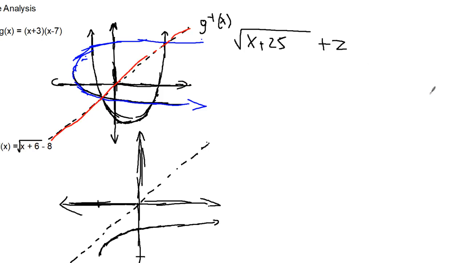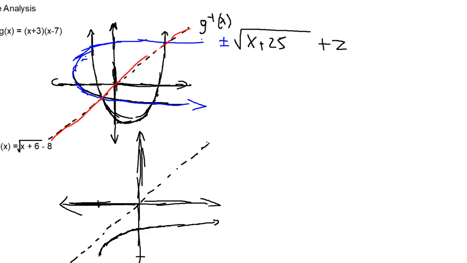However, you will really only see it from the top. If you want to see it from the bottom, you need the plus or minus. The g negative 1 of x isn't really a function if you add the plus or minus in there. It is a function if you don't, and then it'll just be half of the curve.